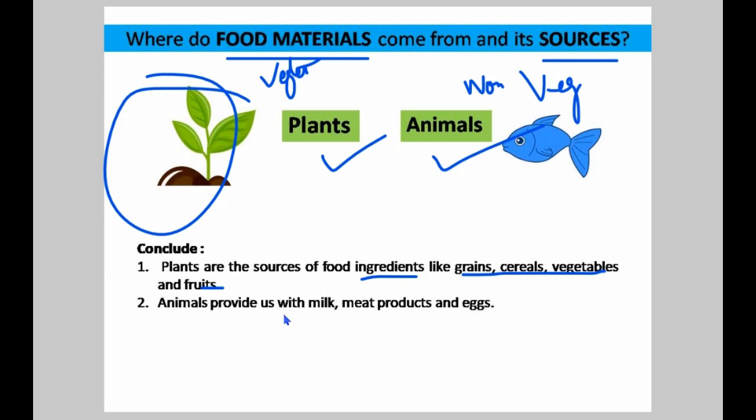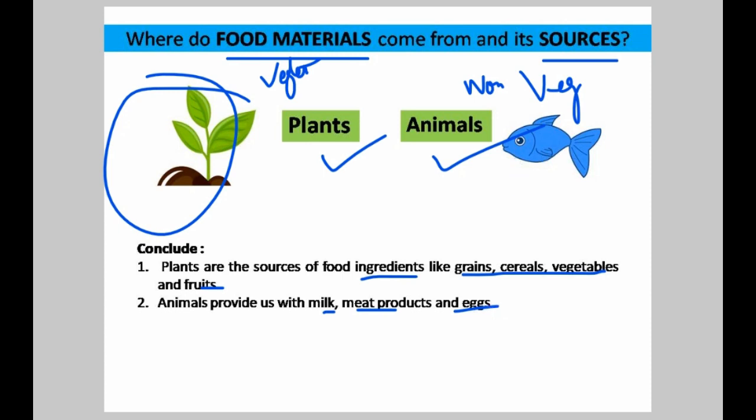Animals provide us food like meat, milk and eggs. Obviously non-vegetarians are eating meat of fish, chicken, turkey, and after that some are eating pork nowadays also. So animals also are food sources.